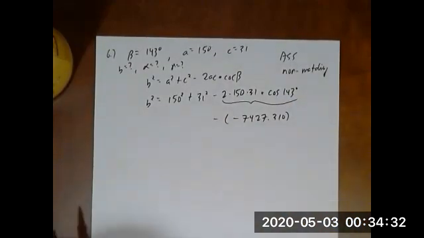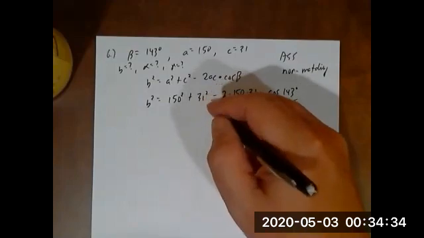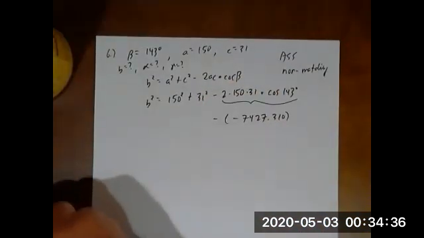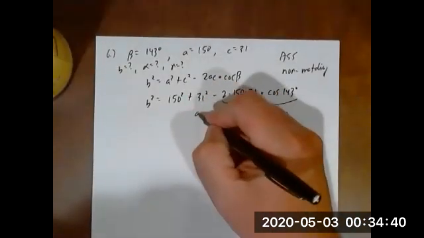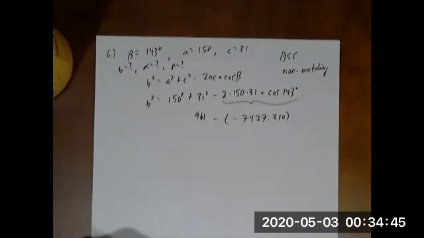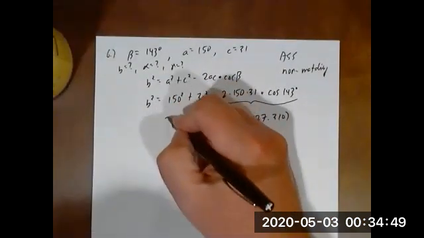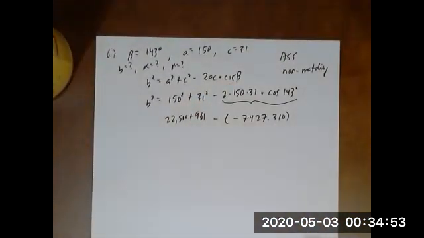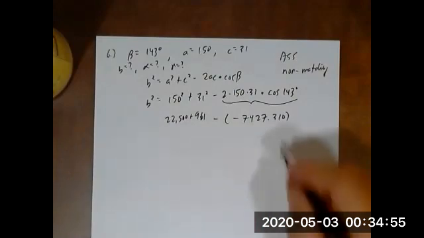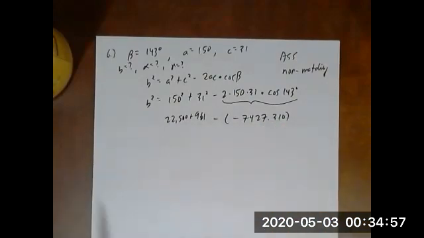So now 31 squared, 961, and 150 squared, 22500. So basically we're adding all 3 of these together.